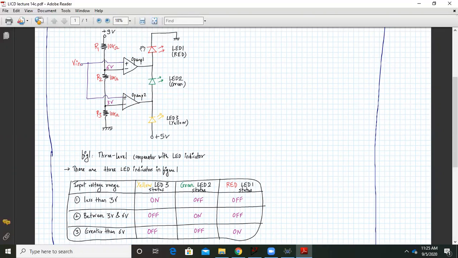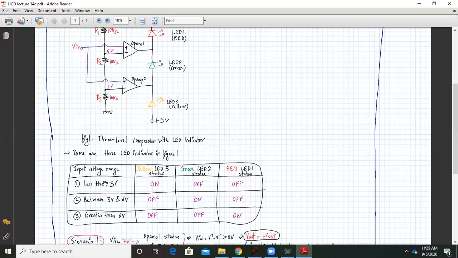Red LED will not be on because you have applied minus 13 over here. Green LED will also not be on because at the anode we have applied minus 13 and the cathode is also minus 13. Yellow LED will be on because to the anode we are applying plus 5 and to the cathode we are getting minus 13. So as we have predicted in the table, if the input voltage is less than 3 volts, yellow LED will turn on.